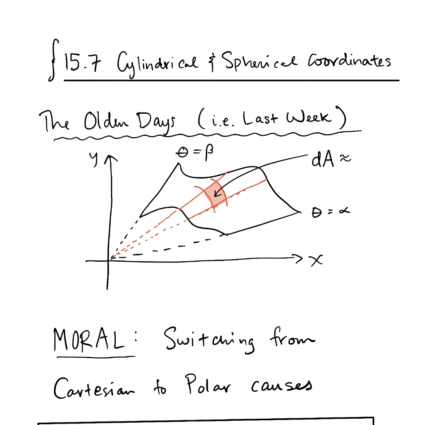So in the olden days, that is, last week, we were trying to do double integrals in polar, and we recognize that there are certain regions, like this region here, that are better described in terms of polar coordinates than they are in terms of rectangular coordinates.